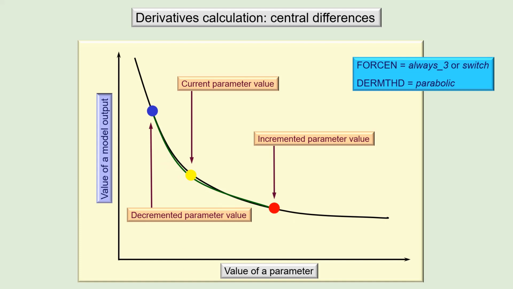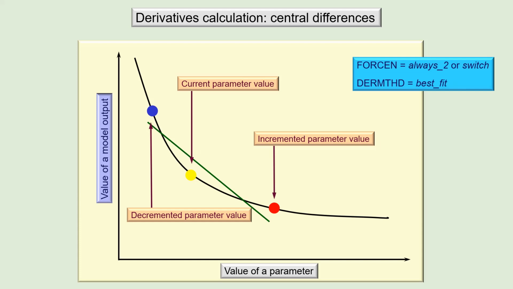That's the most accurate, but only if model outputs are well behaved with respect to changes in parameter values. Another option is just to use the outside points. That may work if model outputs show granularity, something we'll talk about shortly. A further option is to do a least squares fit between those 3 points.